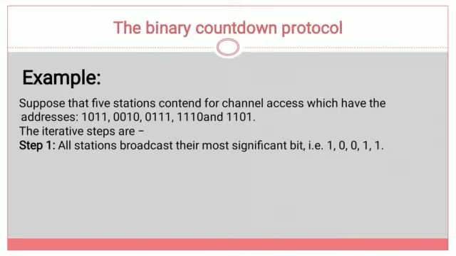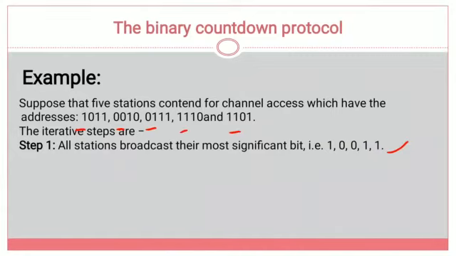Based on the MSB or the remaining higher-order bits of the particular stations, we will find one winning station. So how will we find the winning station? In the first step, all the stations broadcast their most significant bit. Here the most significant bits are 1, 0, 0, 1, 1.